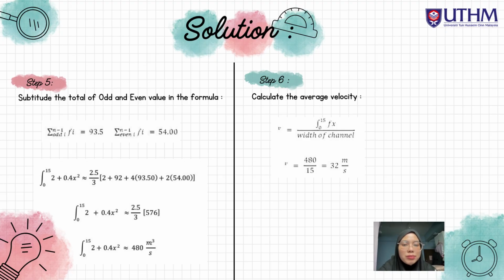By using Simpson's 1 over 3 rule, the integral from 0 to 15 of 2 plus 0.4 x squared is approximately 2.5 divided by 3 times the quantity of 2 plus 92 plus 4 times 93.5 plus 2 times 54.0, and then simplify the brackets, which equals 0.5 divided by 3 times 576.